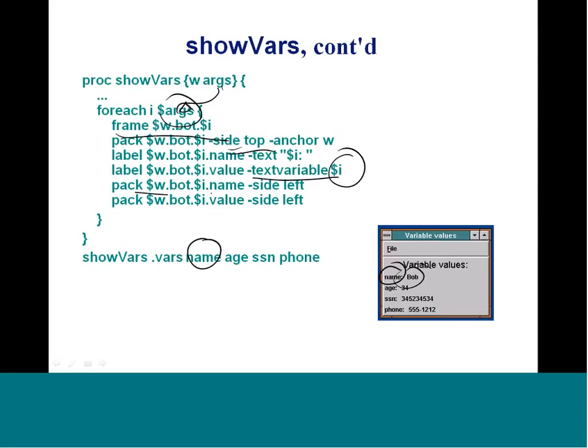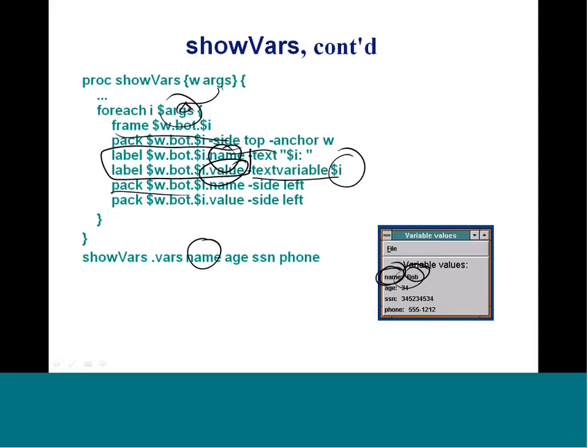And then finally we have a name, which is on the left side, and then the value. The way that we assign it is that we have the name and the value. So we put the name first and then the value.